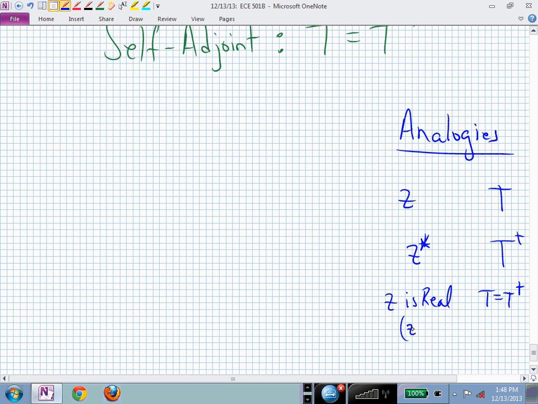So this is now saying that Z is equal to Z star. And now we have many different results.